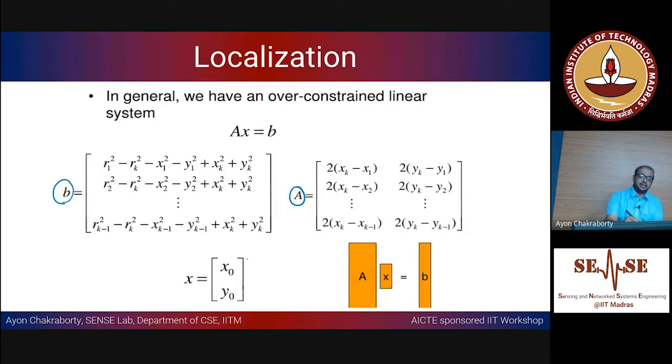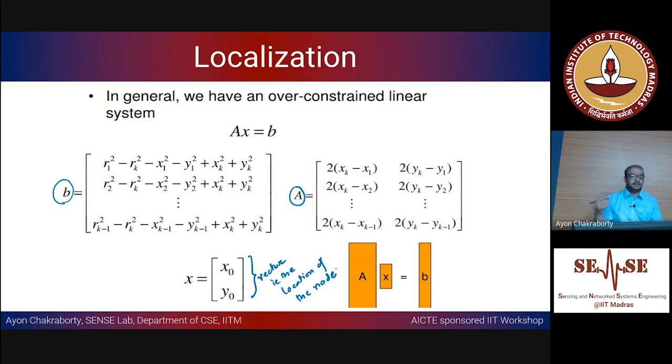Or what is x here? This is the vector, which is the location of the node. Okay, so node is basically the device whose location we are interested in. For now, assume that the beacons, or anchors, or reference points, are all at known locations.